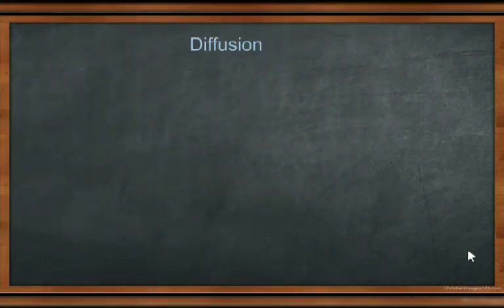Now next one is diffusion. One thing I already told you in so many cases, in case of amoeba also I told you about diffusion. So many times this word will come, diffusion. So what is the definition of diffusion? The definition of diffusion is very simple.